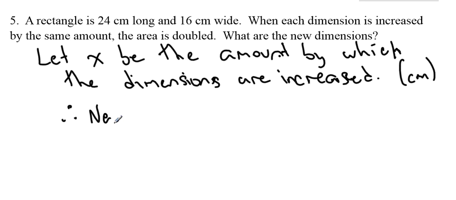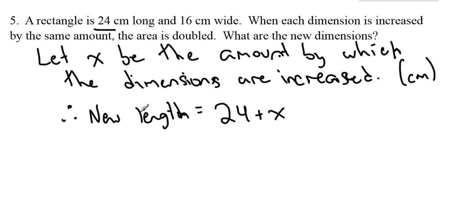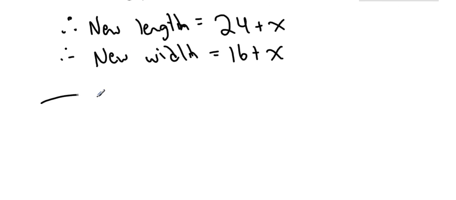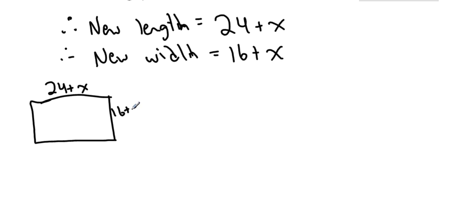Therefore, what is the new length? So the original length was 24, but I have to increase it by x units. So the new length is 24 plus x. And the new width is, well, 16 plus that amount. So now I have a rectangle that has a length of 24 plus x and a width of 16 plus x.